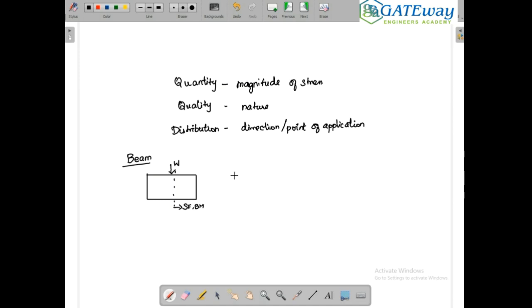As per IS 456:2000, the code says design for flexure. Flexure is nothing but bending. Okay, we have to design it for flexure.